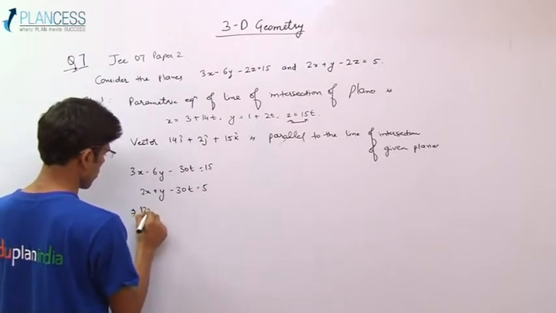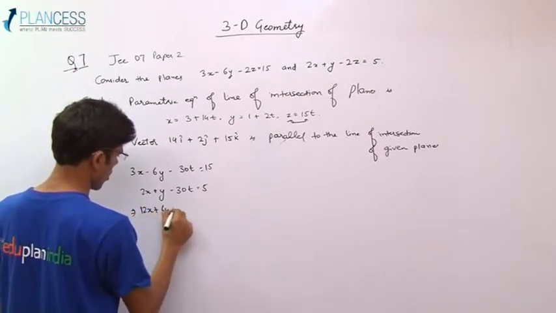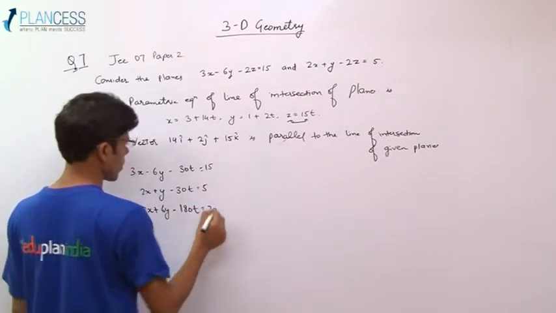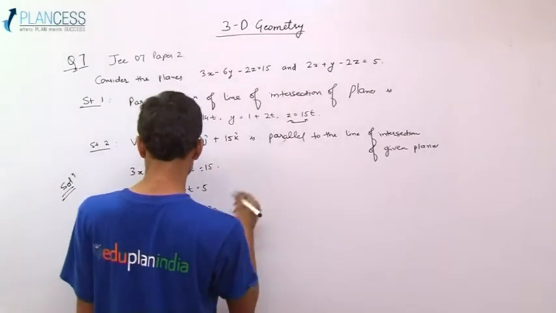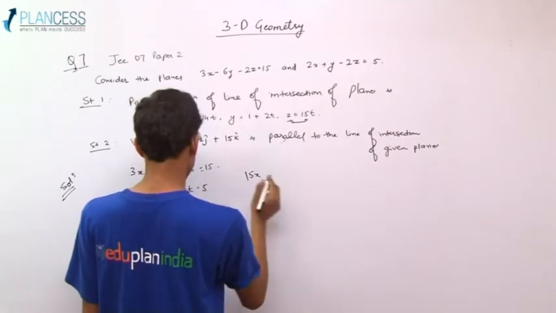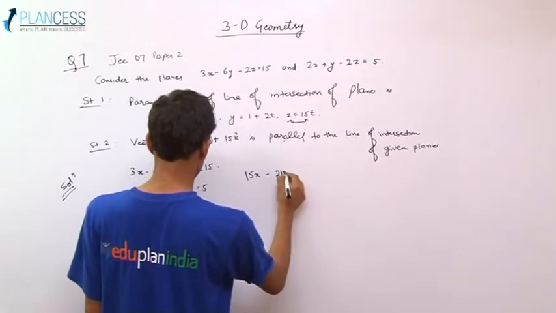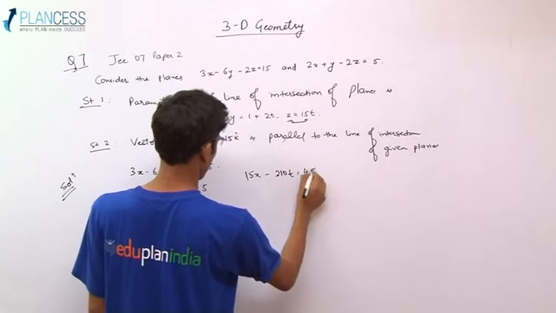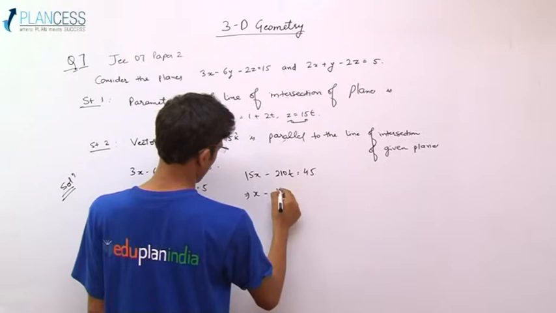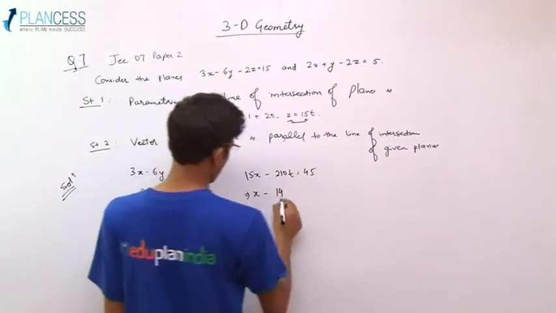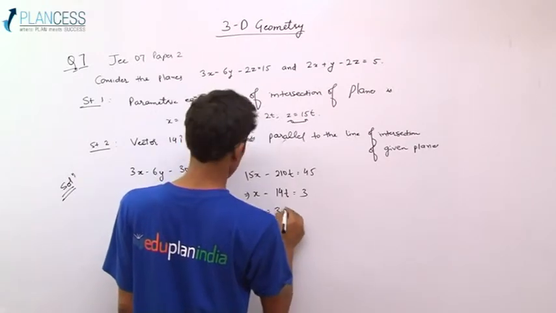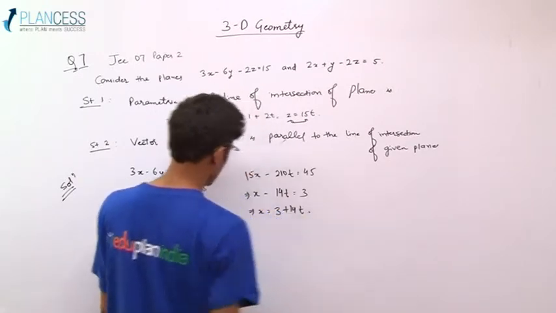So this is 12x plus 6y minus 180t is equal to 30. Let's add them. So we get 15x minus 210t is 45. So it gives x is 3 plus 14t.